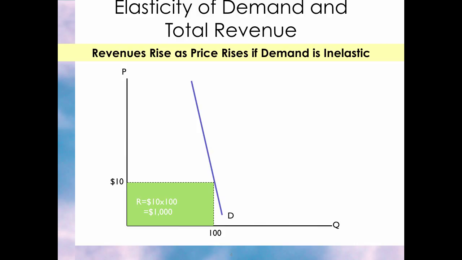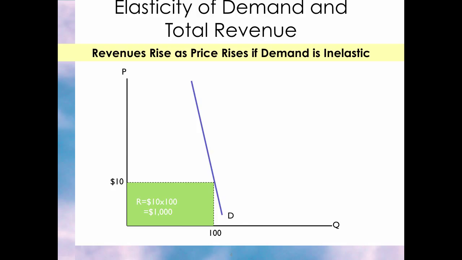Notice the way this demand curve is drawn. Very steep, which means very inelastic, which means not very responsive to changes in prices. Assume an initial price of $10 and quantity demanded of 100 units. This gives you a total revenue of $1,000. P times Q, 10 times 100, $1,000.